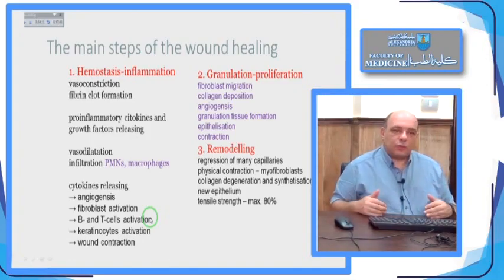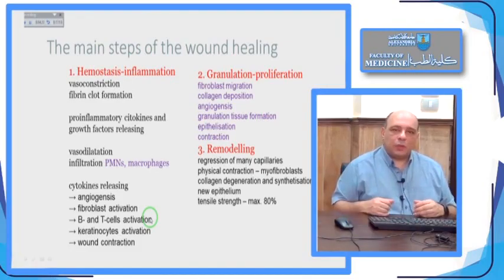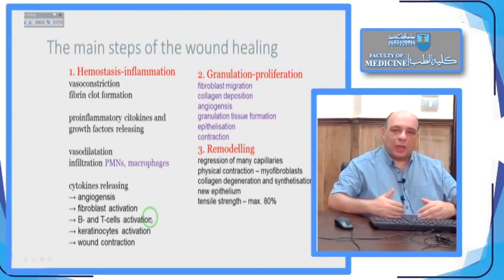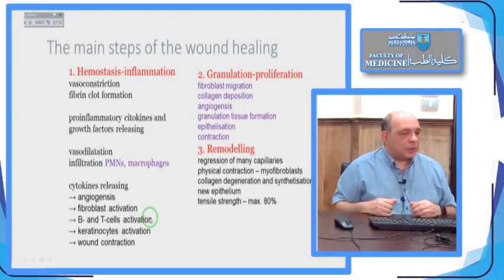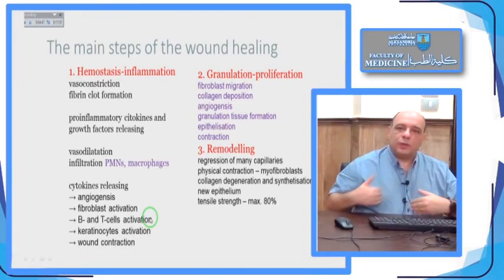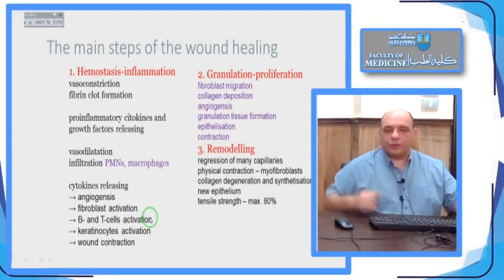These fibroblasts, with an increase in their number and activity, need more blood supply. So comes angiogenesis. New vessels, new capillaries start to form in this area to supply these fibroblasts with their needs of blood supply, their needs of building materials.